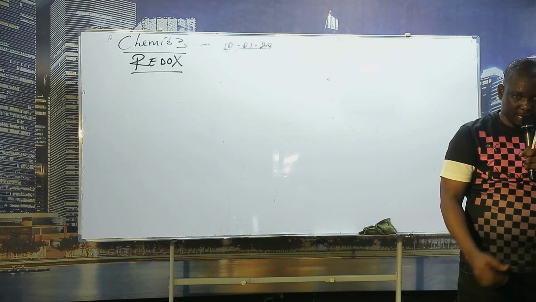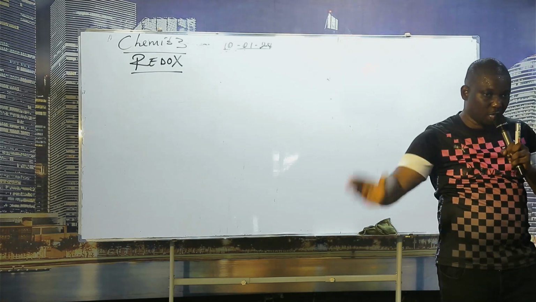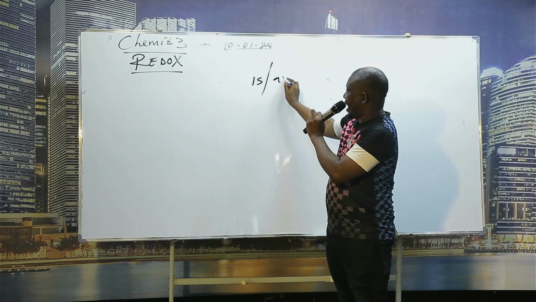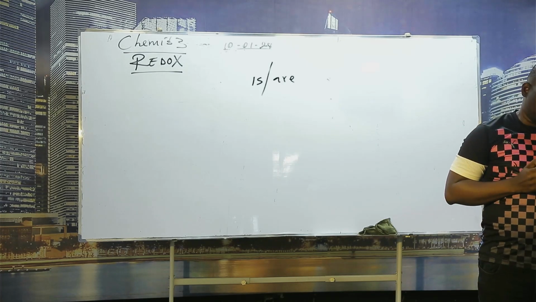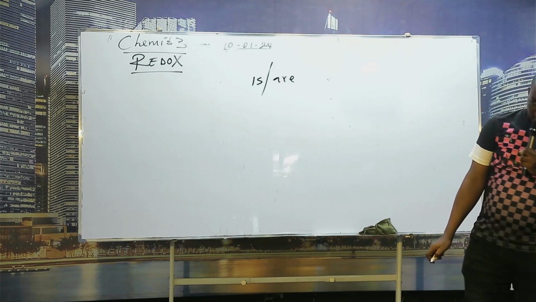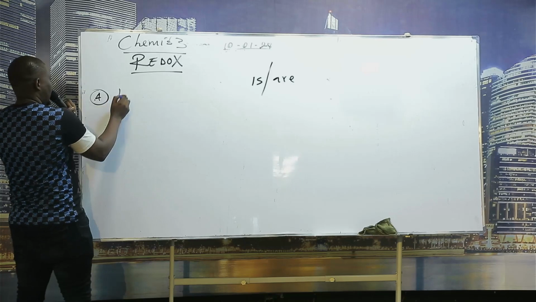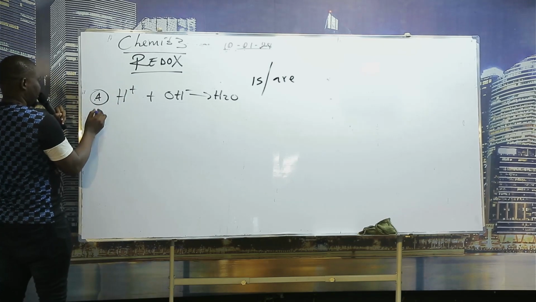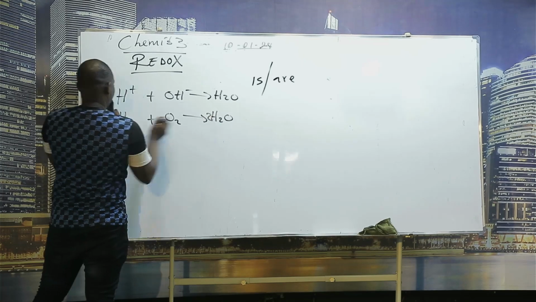Go to the next line, paragraph. All the following is/are redox except. A. H plus OH minus equals H2O. B. H2 plus O2 equals H2O.